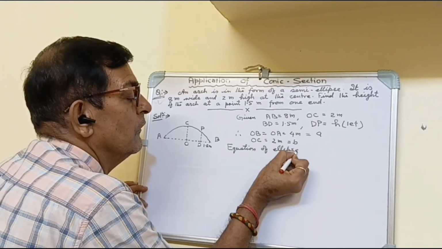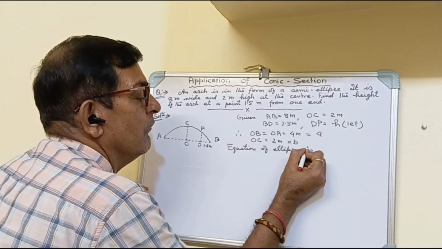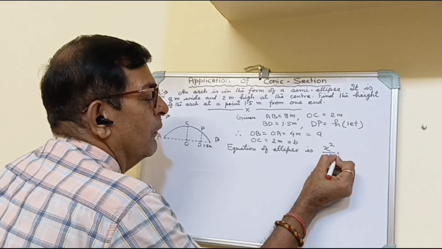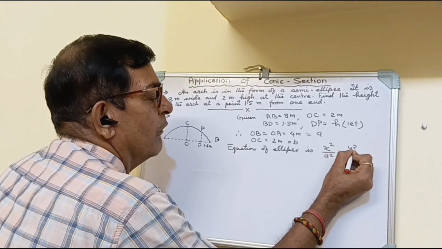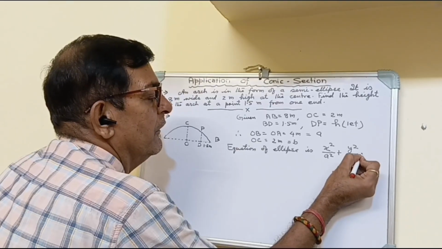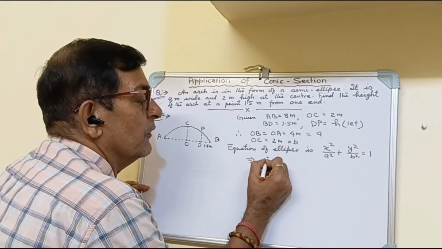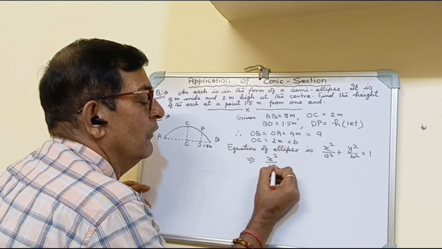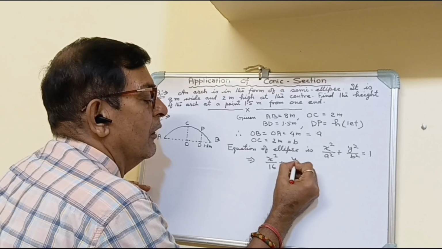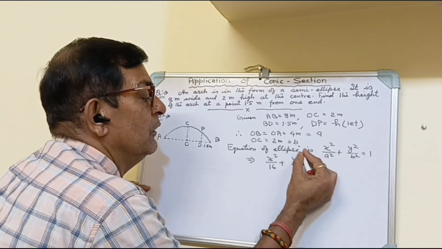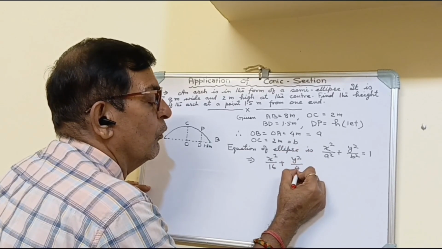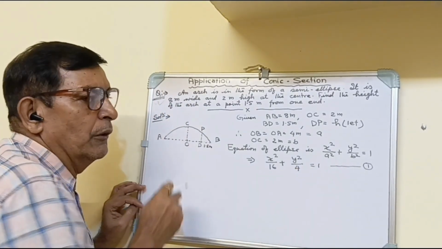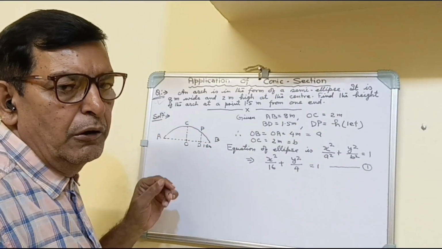Equation of ellipse is x square by a square plus y square by b square is equal to 1. x square by a square, a is 4, 4 square 16, plus y square by b square, b is 2, 2 square 4, is equal to 1, equation 1. Equation 1 is the equation of the given ellipse. It is a semi-ellipse or ellipse.